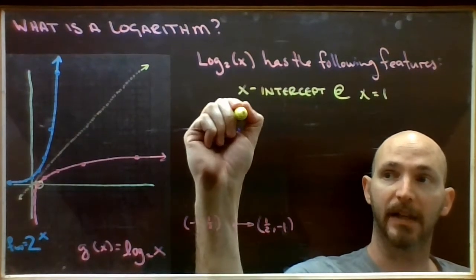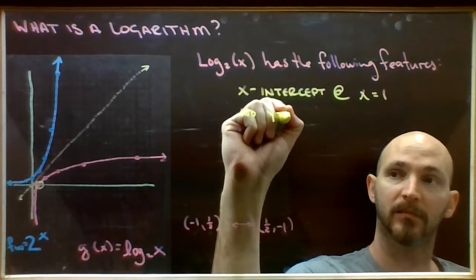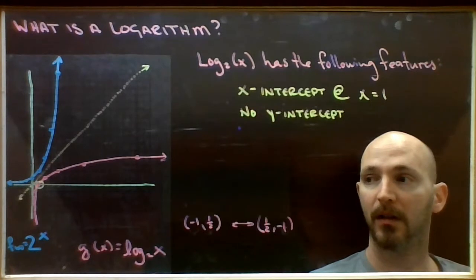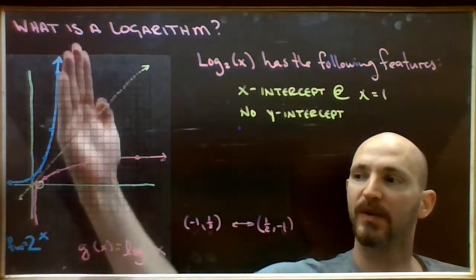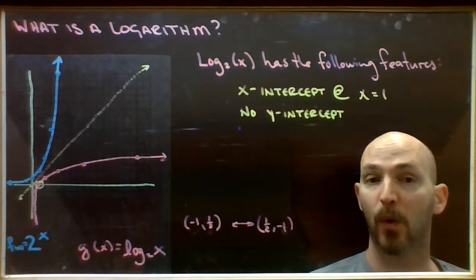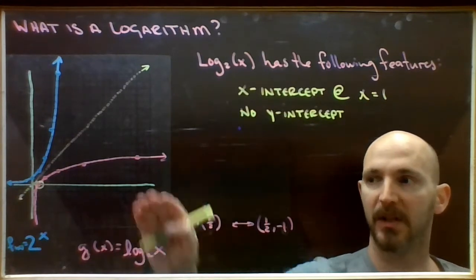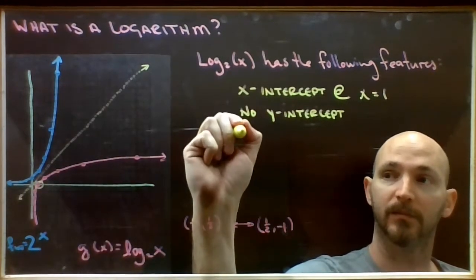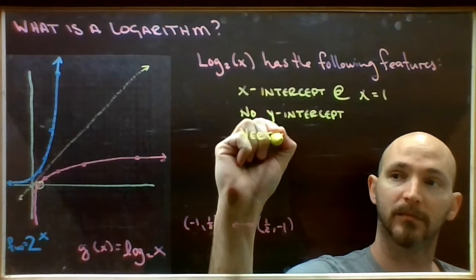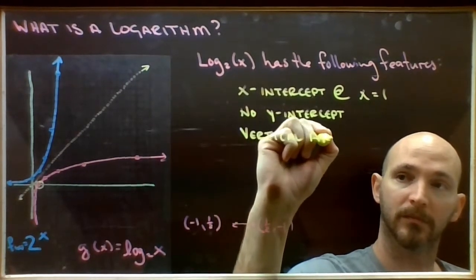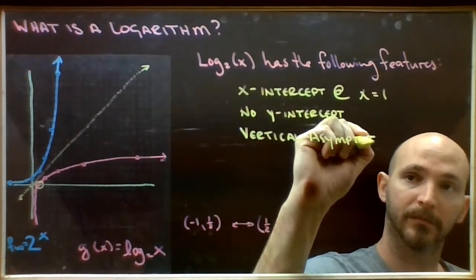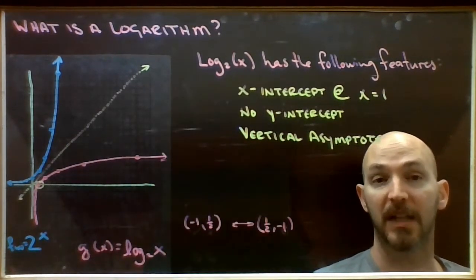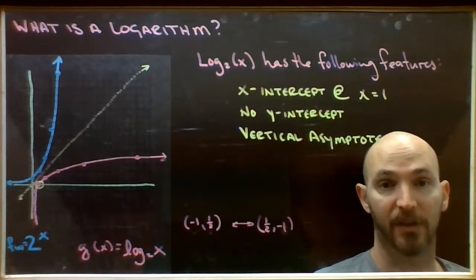So there's no y-intercept. And it doesn't have a y-intercept because it goes vertical along the y-axis. And there's a word for that. That's an asymptote. But instead of being horizontal, it is a vertical asymptote. So these three features are the key things that you need to keep an eye on when you're trying to sketch a logarithm.